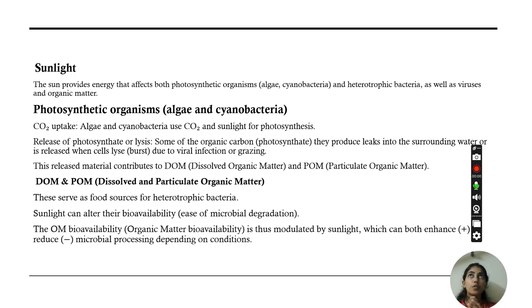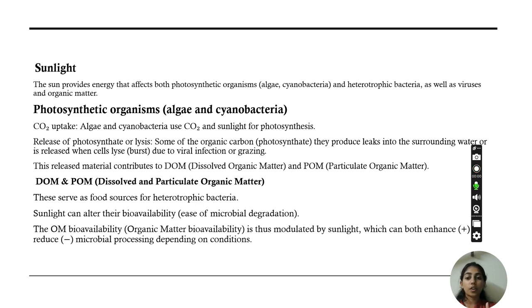So we all know there are so many photosynthetic organisms that use sunlight for their metabolism and growth. And next, photosynthetic organisms like algae and cyanobacteria. Carbon dioxide uptake. Algae and cyanobacteria use carbon dioxide and sunlight for photosynthesis.